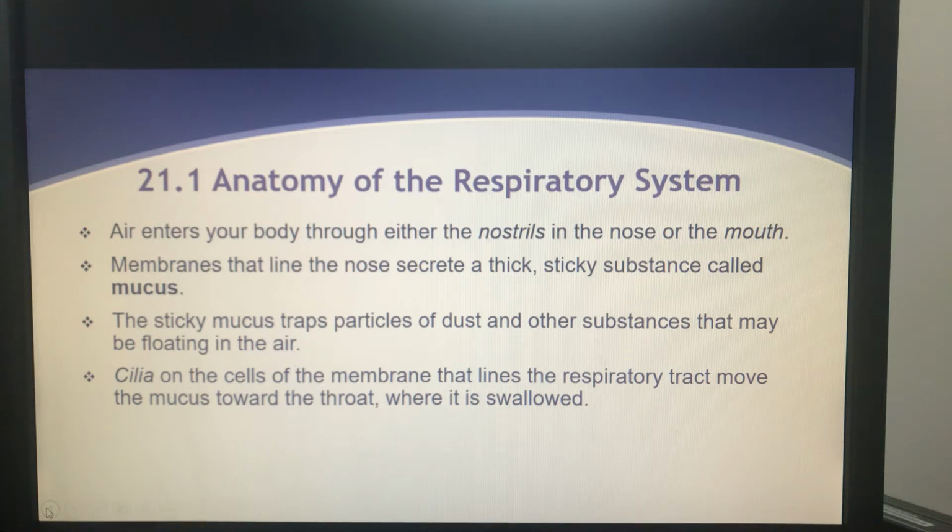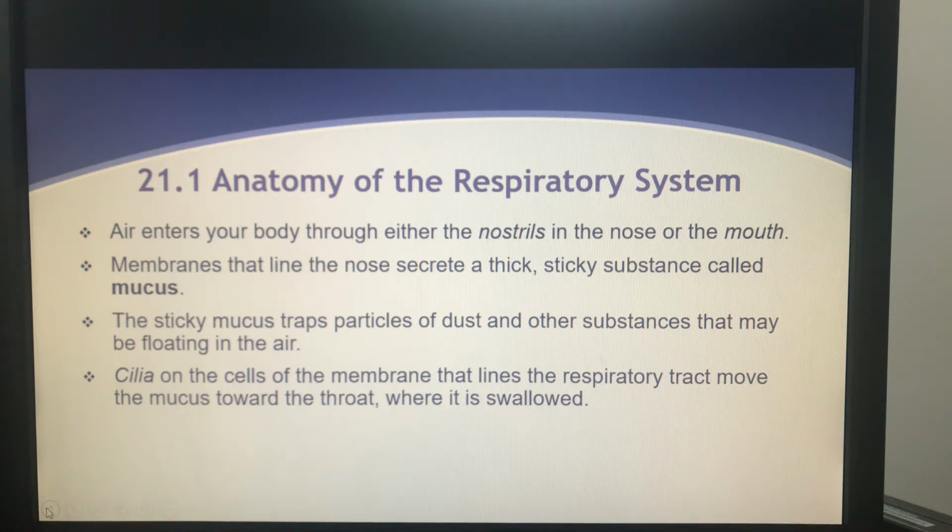We talked about it when we were talking about the immune system: when you breathe in stuff, mucus can grab hold of pathogens and get rid of them before they even enter our body. That's one of our first lines of defense against any kind of pathogens or bacteria. That sticky mucus traps dust and other substances that are floating in the air.